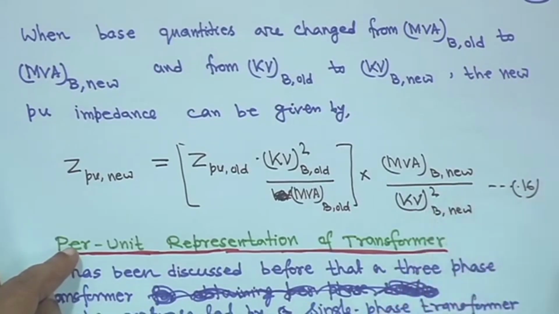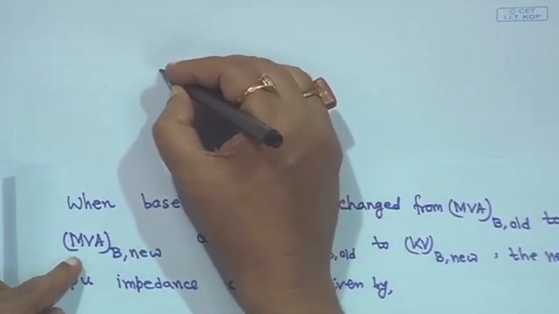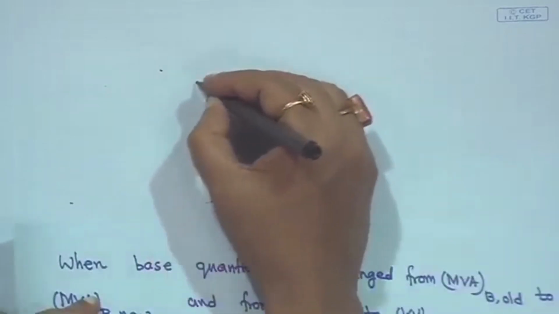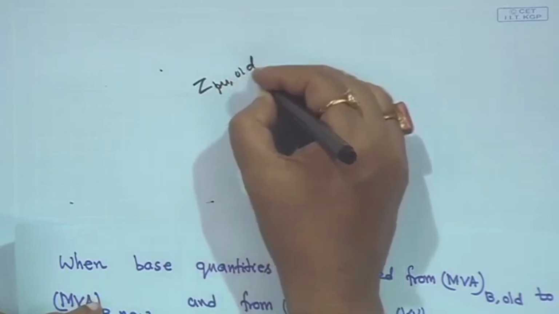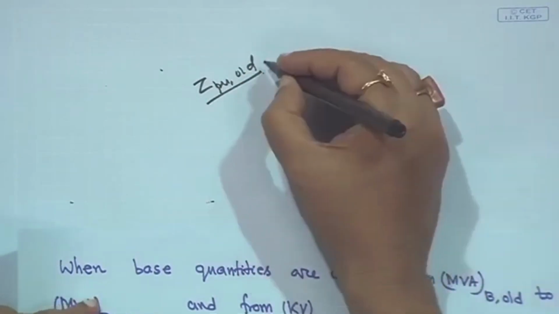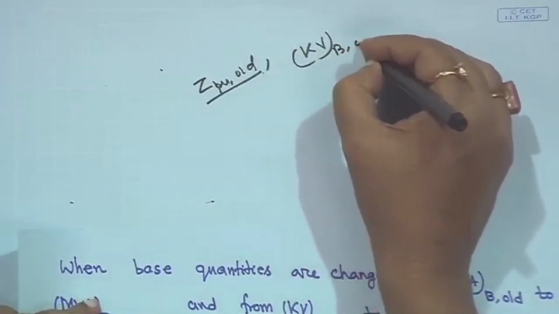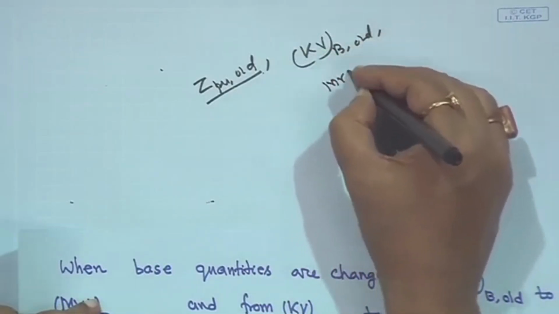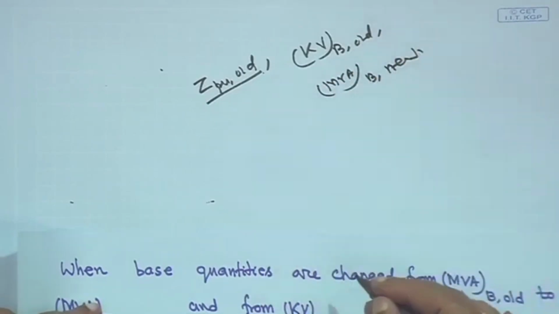This is equation 16. That means, for example, suppose you have per unit impedance or reactance or resistance whatsoever. Suppose this is your Z per unit old, the old value, and this value on its base we are writing, that is KV base old and MVA base old, right.